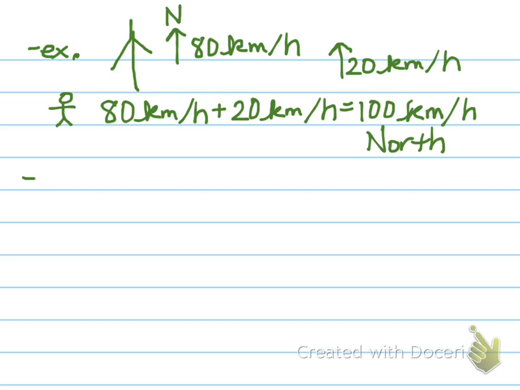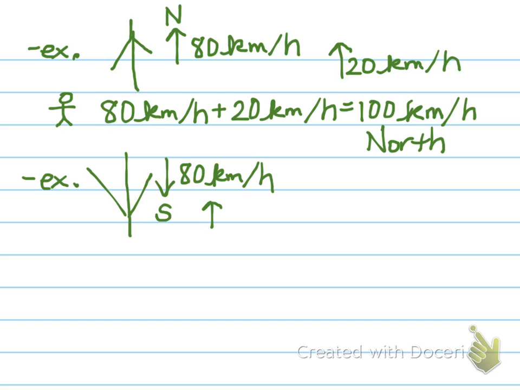To look at another example, again, we're going to have a plane, but now the plane has turned around and is going the other direction. Okay, so it is now traveling 80 kilometers per hour due south. The wind, now would be considered a headwind, okay, is still pushing north at 20 kilometers per hour.